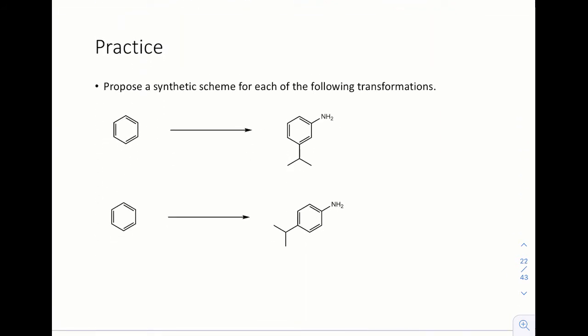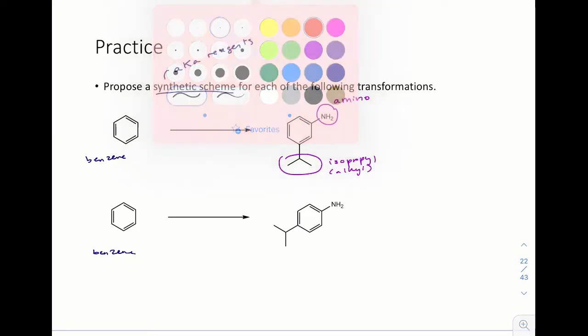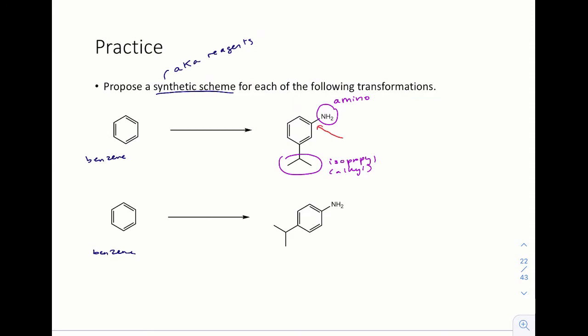Propose a synthetic scheme for each of the following transformations. These products look relatively similar. There's an amino group and an alkyl group, specifically an isopropyl. However, in the first problem, there is a meta relationship between the 2 substituents. In the second problem, there is a para relationship between the 2 substituents.